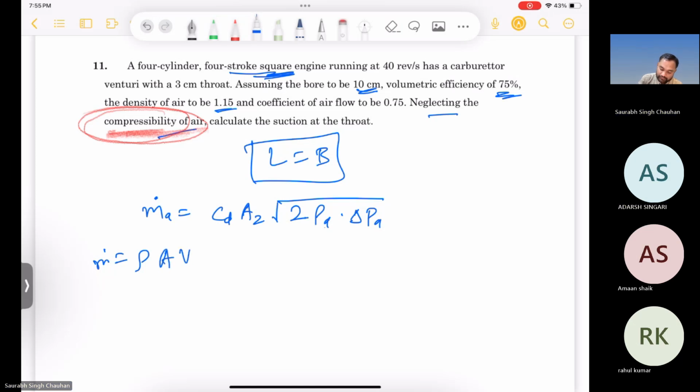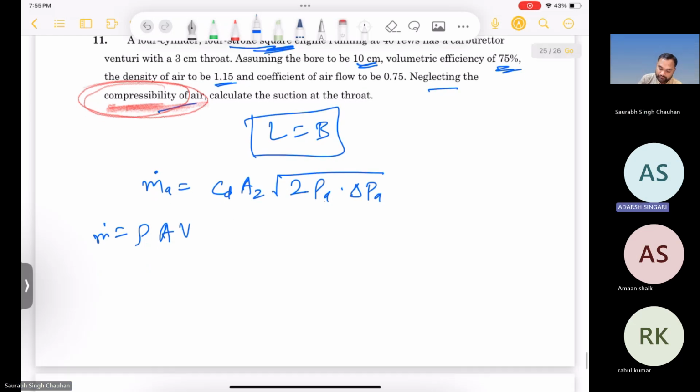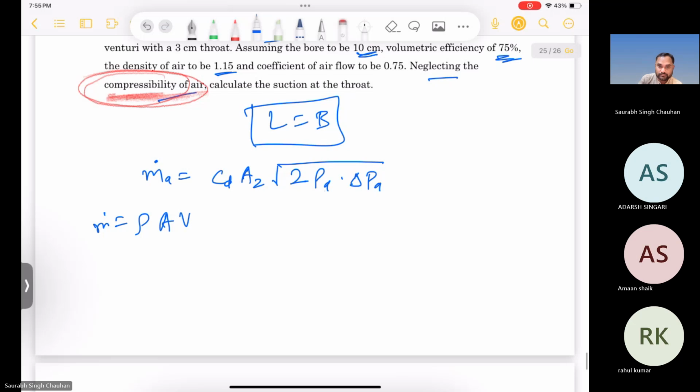Rho A V. Yes, sir. We can replace the velocity term. And there is one more Cd, right? So this is the same thing.